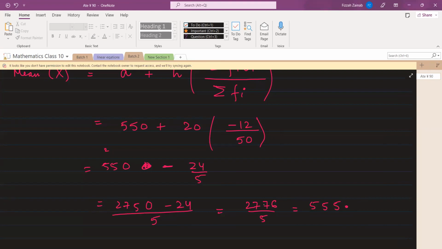Oh yeah, sorry. Okay, so divided. So 5 into 5, 25, then 22. So 5 into 4 is 22, then 26, 5 into 5 is 25, then you have 10. So 545.2 is my mean.